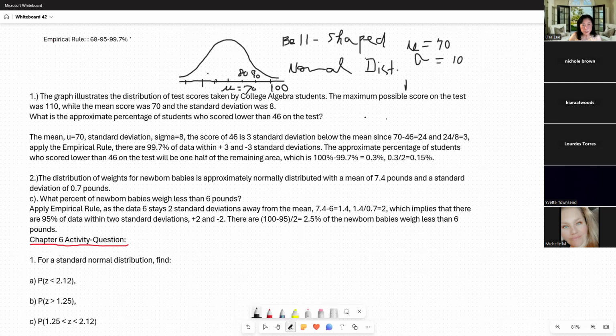Taking 80 minus 10 gives 70. Subtracting 10 again gives 60, and subtracting 10 again gives 50. I give the example because an example is easier to understand. If I just write mean plus standard deviation 1, 2, or 3, sometimes I get confused.